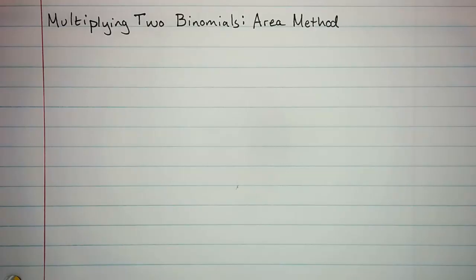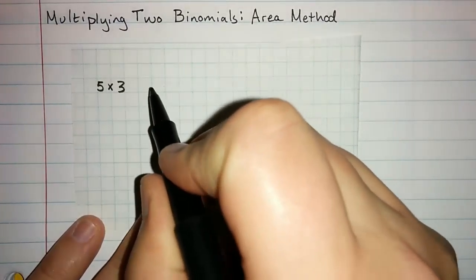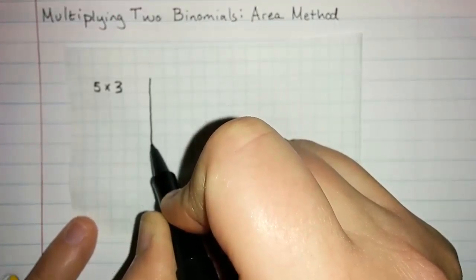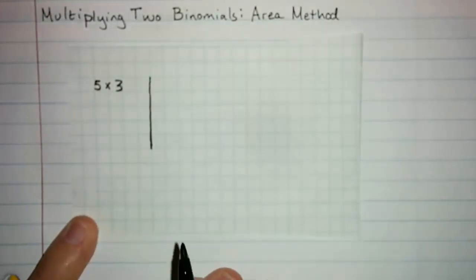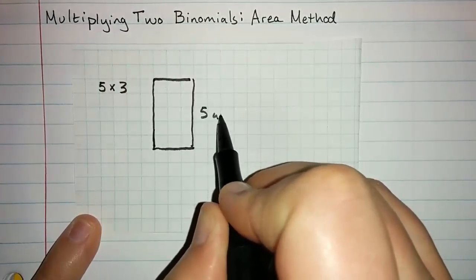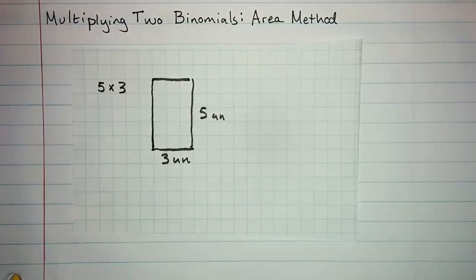Now, area is an idea that we use in just understanding what multiplication is. For example, if we want to understand the multiplication 5 times 3, one way we can understand that is 5 times 3 is the number of boxes covered by a rectangle 5 units high and 3 units wide.